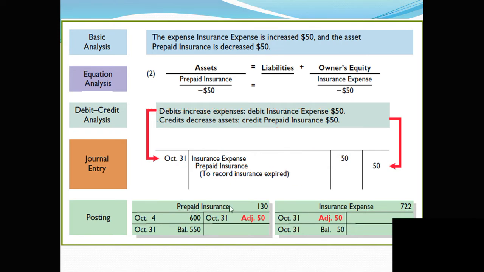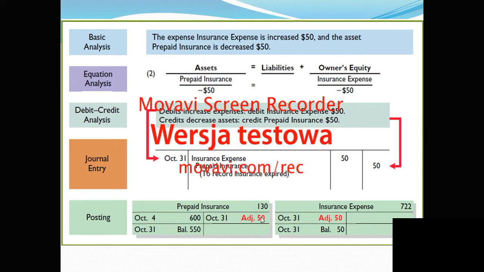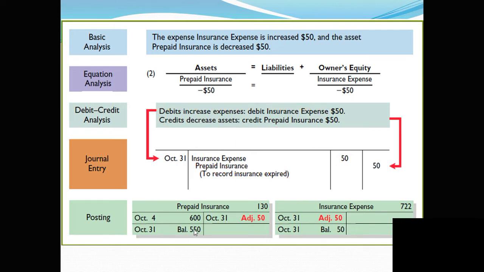Prepaid insurance is an asset account, and we used $50 of that asset, so we decreased it. When an asset account decreases, we credit it. So at the end of October, you have a balance of $550. So $50 of the insurance premium that you paid, you used during October.